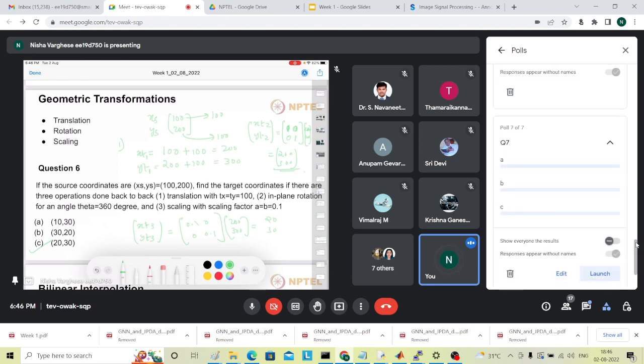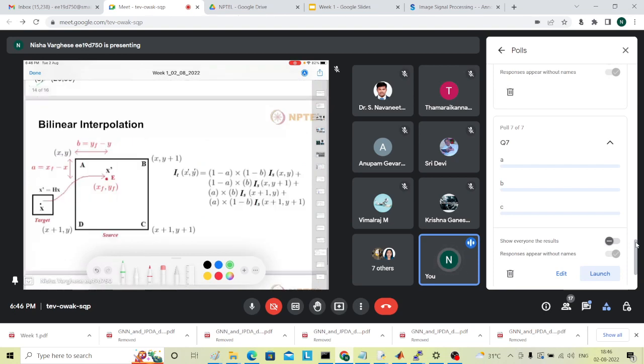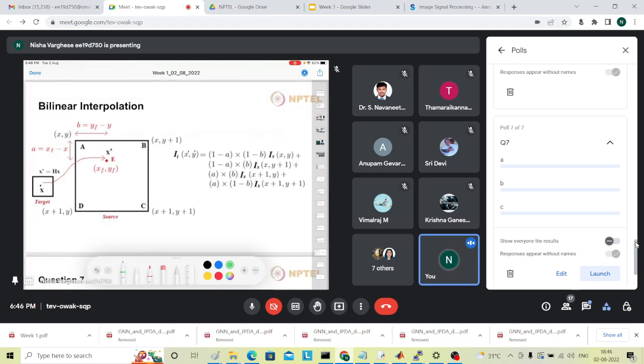Okay. And the next problem: the last topic discussed was bilinear interpolation. Here what are you doing actually? You will translate from the target point to the source point. In order to avoid holes, you will find a transformation from target coordinates to source coordinates.